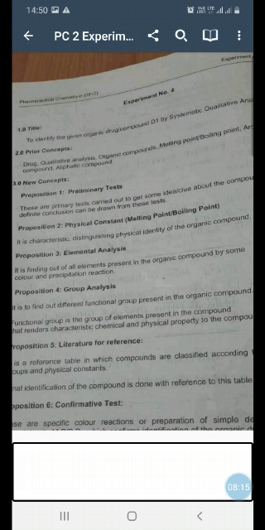Suppose the next name is ester, for example. I will go for the test for esters. Only the general test I will perform. See whether the result is positive or negative. If the result is negative, then again I will just read out which next name is there and carry out the test further.